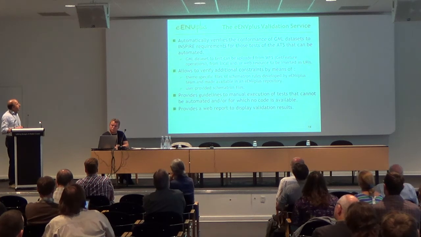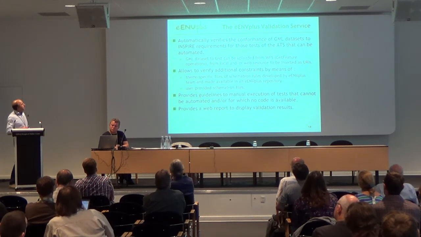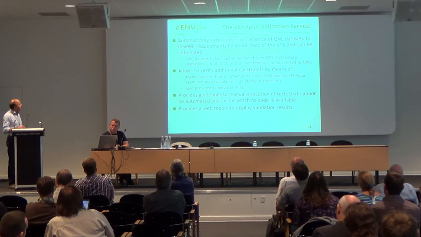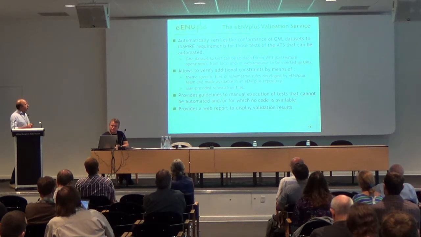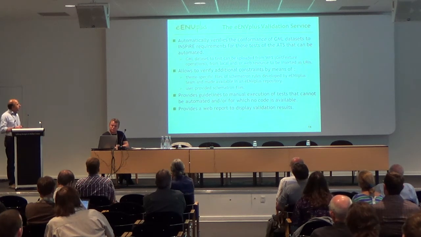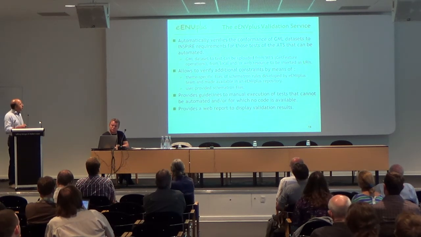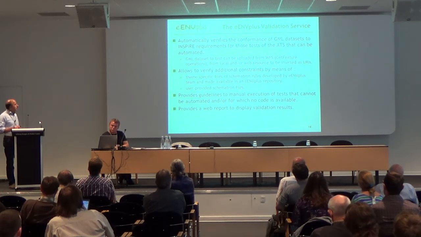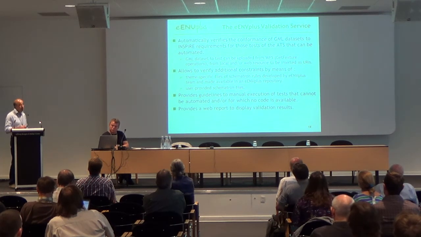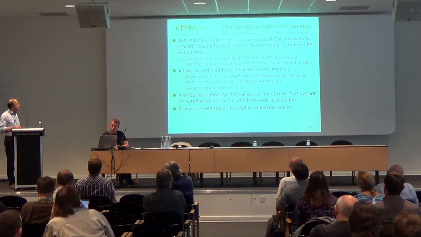It automatically verifies the conformance of GML datasets to INSPIRE requirements for those tests of the ATS that can be automated, and the GML dataset to test can be uploaded also from a WFS or from a local and/or web resource inserted as URIs. It allows verifying additional constraints by means of theme-specific files of Schematron rules that we are going to develop, or also by user-provided Schematron files.